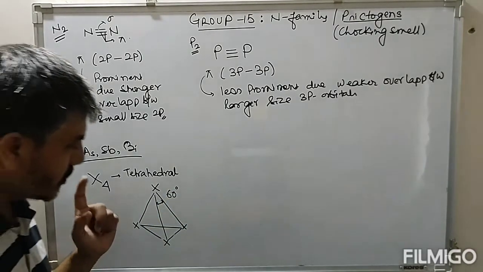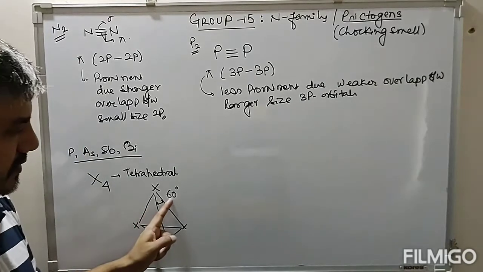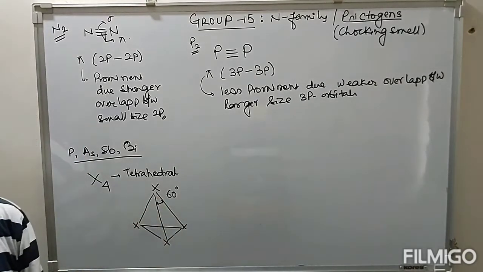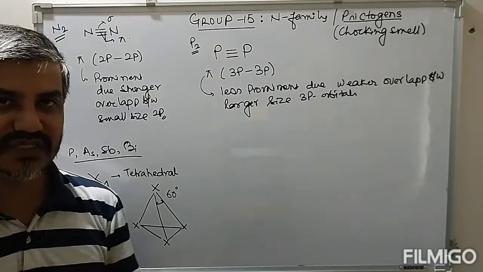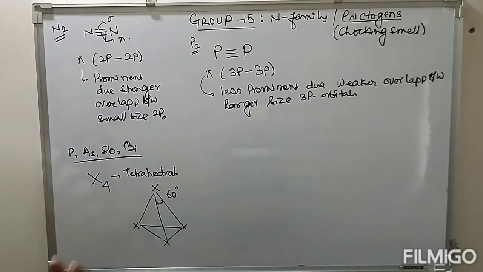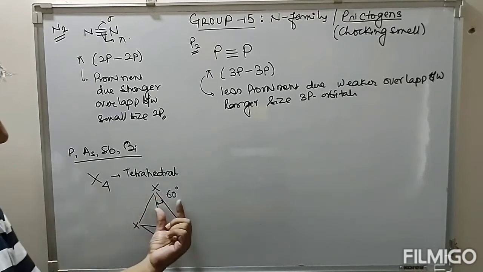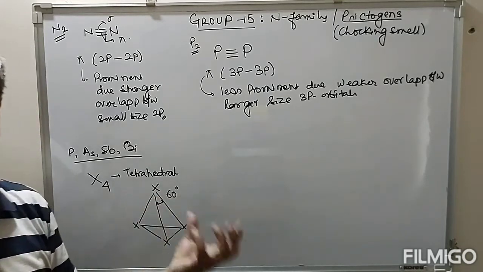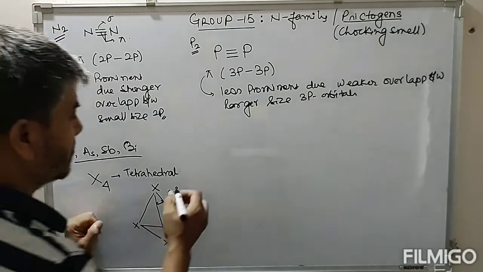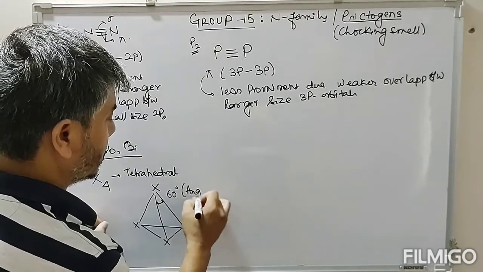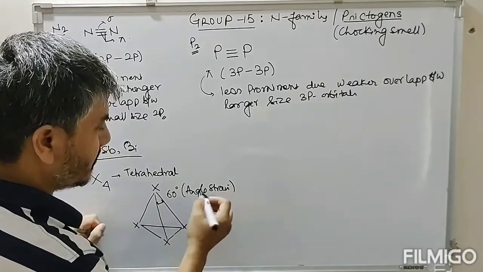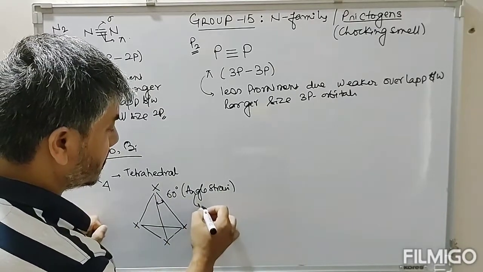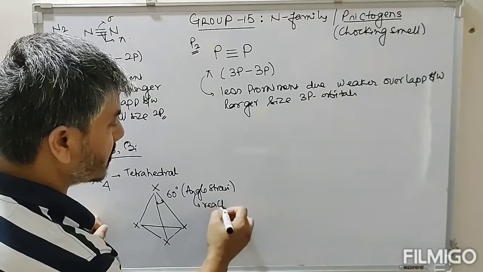Now look at this. Due to this bond angle being 60 degrees, there is a large angle strain. As a result of this large angle strain, phosphorus is highly reactive. Due to this angle strain, reactivity is large.